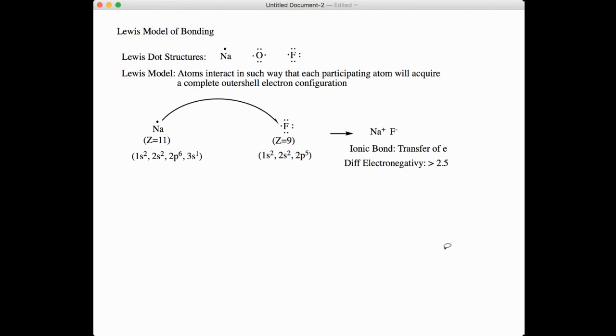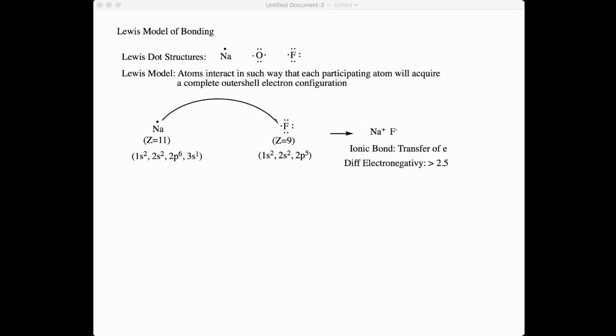Now, if these two elements have a highly significant difference in electronegativity, larger than 2.5, there will be a transfer of electron from the lowest electronegative atom to the highest electronegative atom, and in that case we are talking about forming ions, so cations and anions. And in that case, we are talking about ionic bonds, okay?